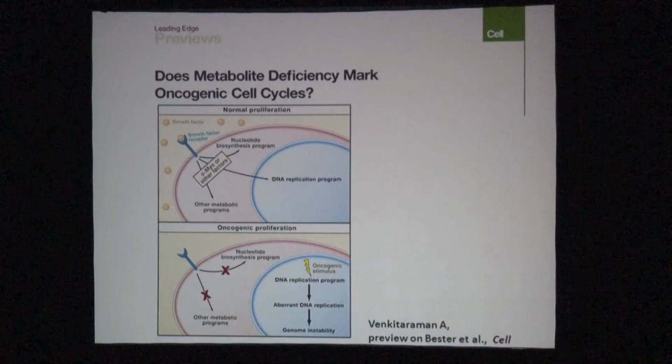However, in cancer, it's a cancer gene that is forcing the cell to proliferate. It's not the regular plan. So there is no coordination, not enough activation or no activation of synthesis of those building blocks, and probably many other factors which are not upregulated. They are not changing, but the cells are forced to proliferate.